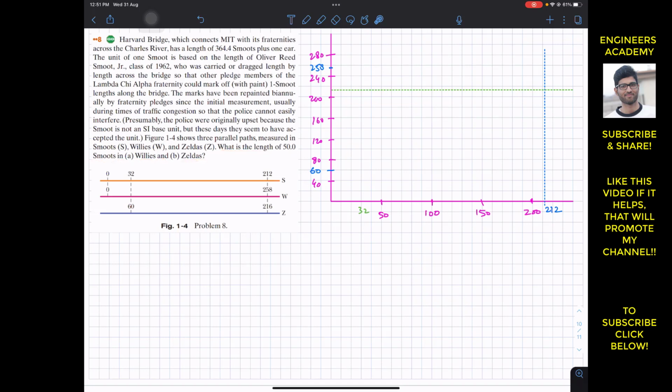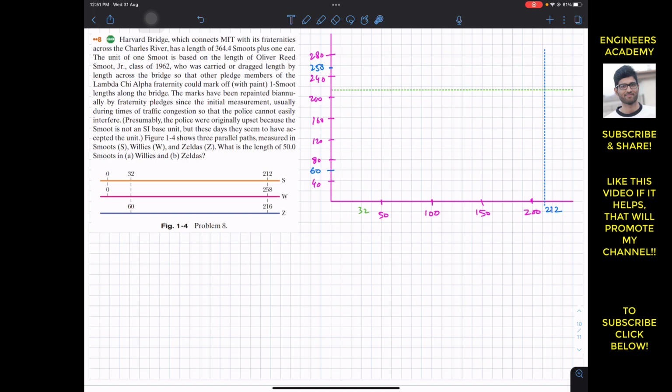We are given the relationship between them in the figure: when we have 0 Smoots, we have 0 Willies, and similarly 212 Smoots equals 258 Willies and equals 216 Zeldas. So this problem is basically related to linear interpolation.